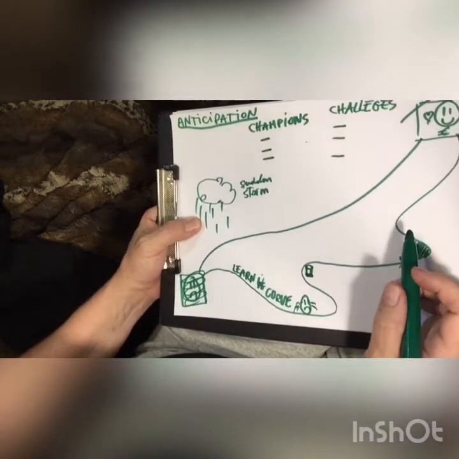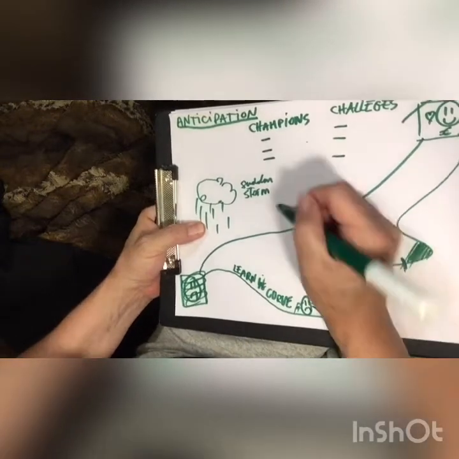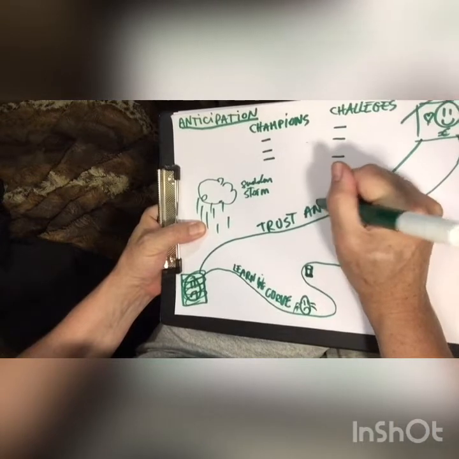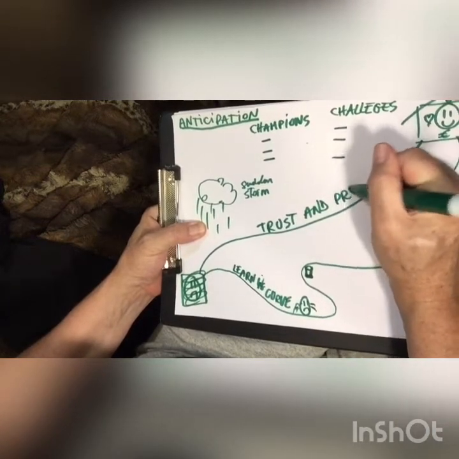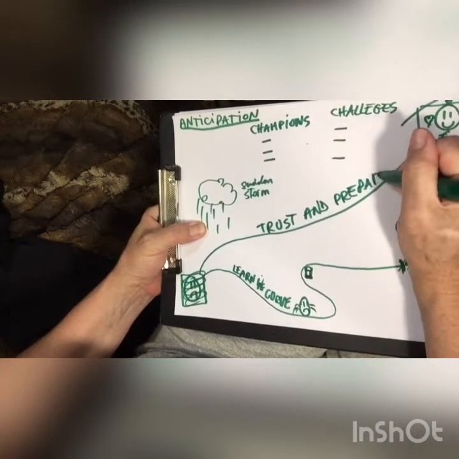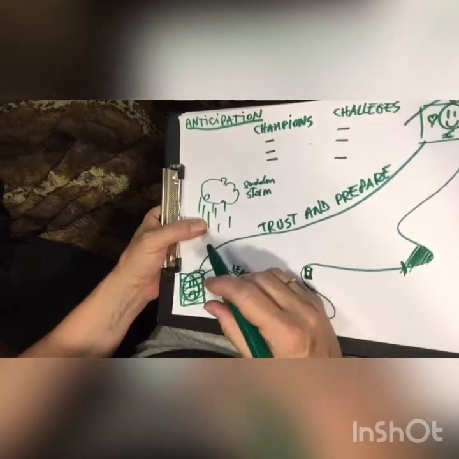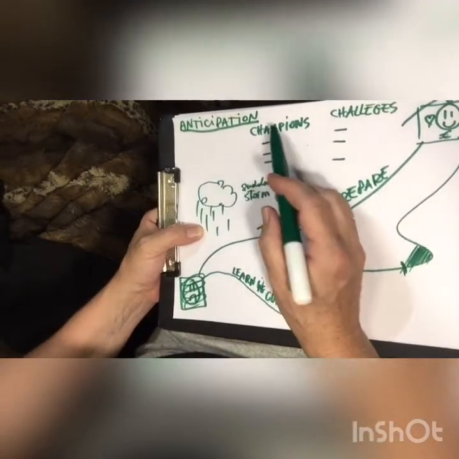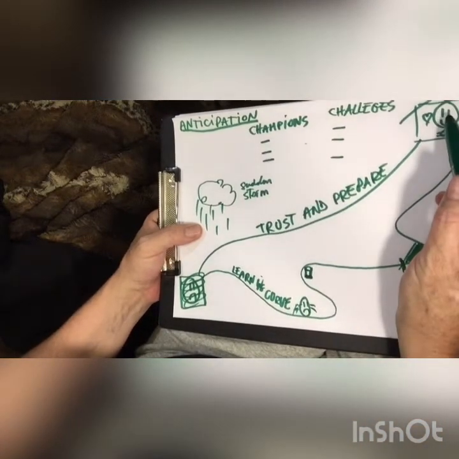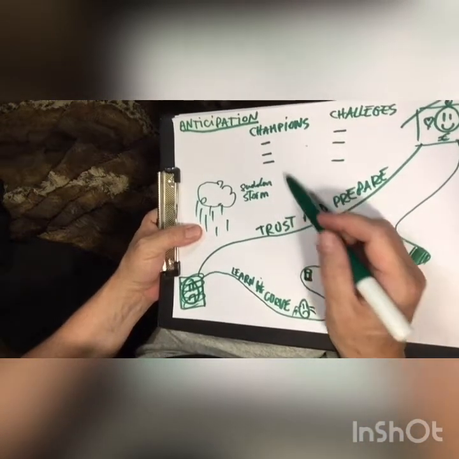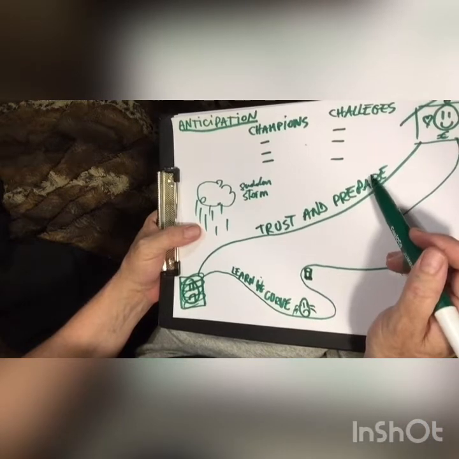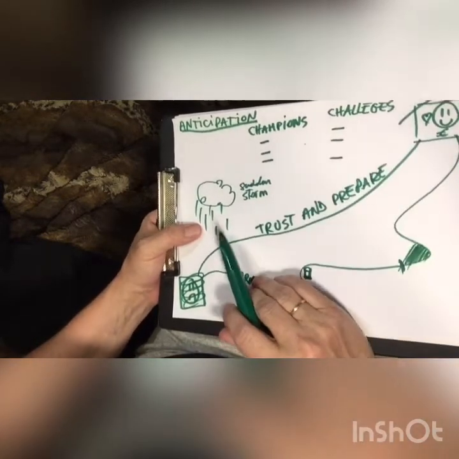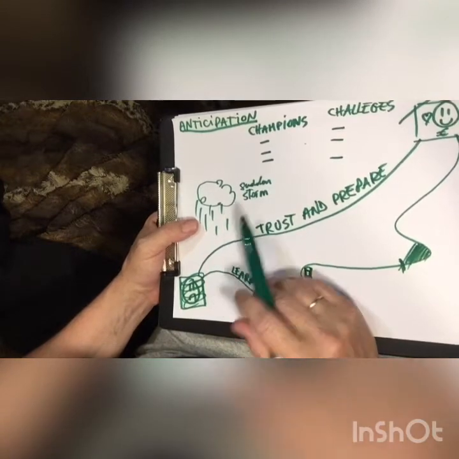After you've done that, you will write trust and prepare. And imagine the champions helping you to achieve your goals. Trust in them. Anticipate your challenges and go to your objective.